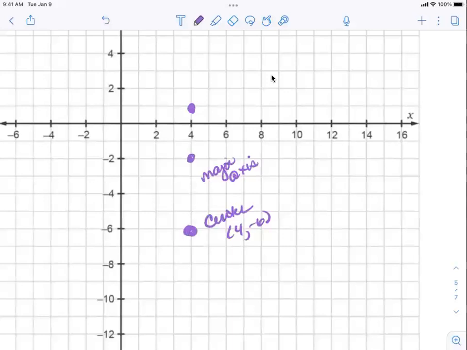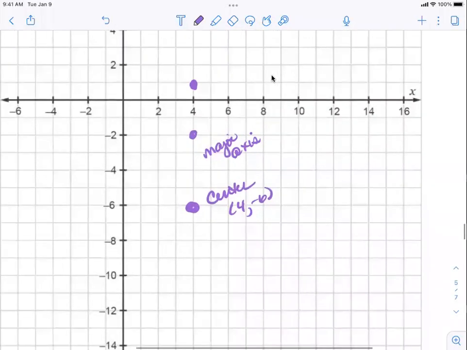The other foci would be symmetric to that. So that's actually going to be at -4, -13. This is a foci as well. And then your minor axis goes horizontally, and that's going to come over to 8, -6.